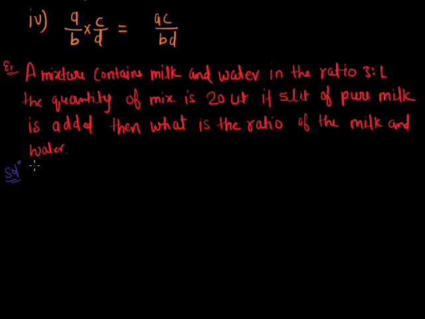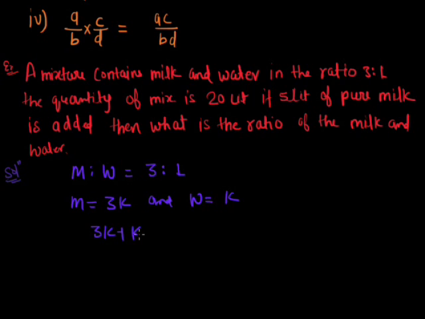We have given a mixture that contains milk and water. So the ratio of milk and water is equal to 3:1. Now the quantity of mixture is 20 liter. So we can assume that milk is 3K and water is K. The total quantity is 20 liter, so 3K plus K is equal to 20. 4K is equal to 20.